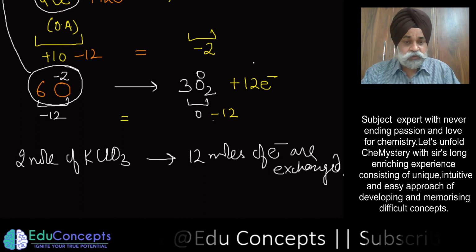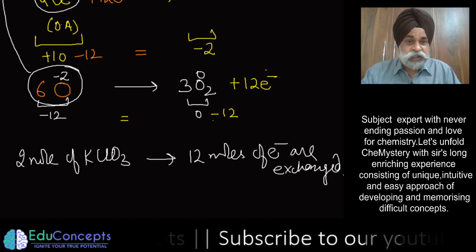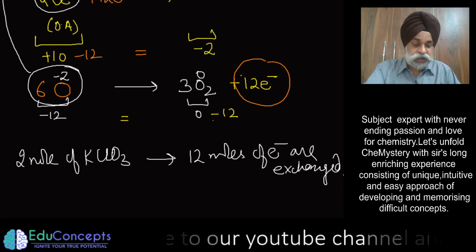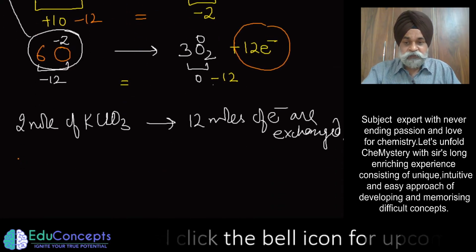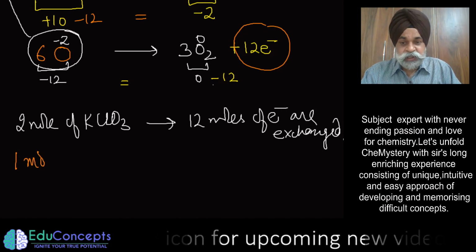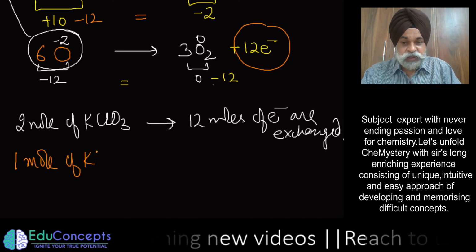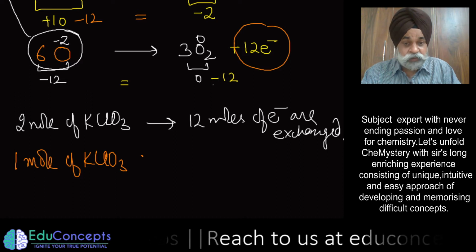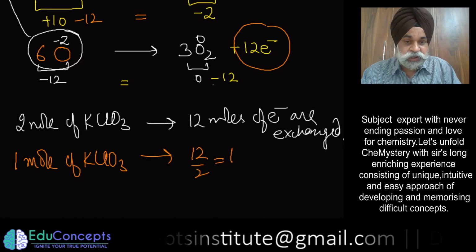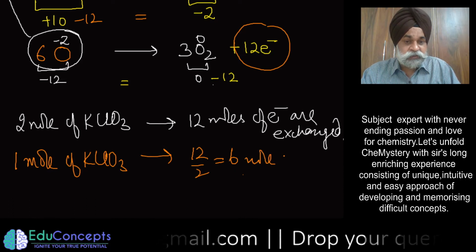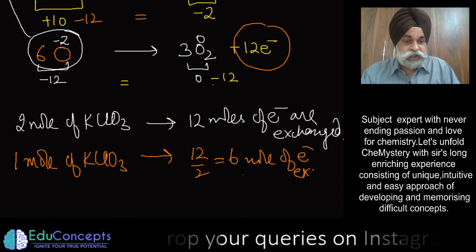So this is very evident here that these 12 electrons are being lost and these 12 electrons are being gained. So now for understanding, we will say 1 mole of potassium chlorate, if it happens to go this way, is going to exchange how many electrons? So this is going to exchange 6 moles of electrons. 6 moles of electrons are exchanged.